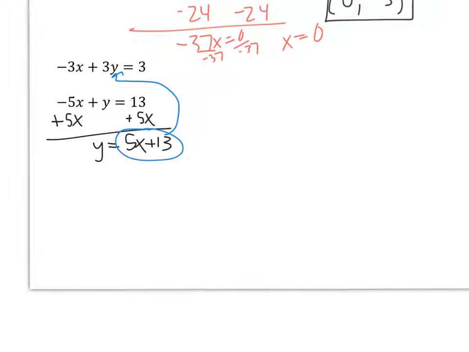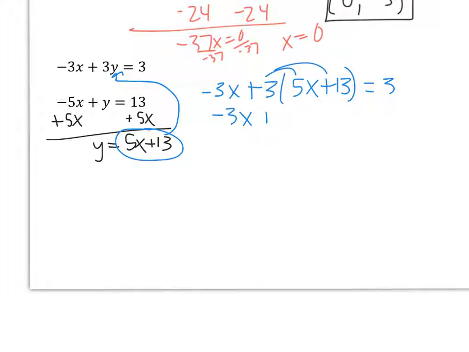And then I get negative 3x plus 3 times the quantity, 5x plus 13 equals 3.